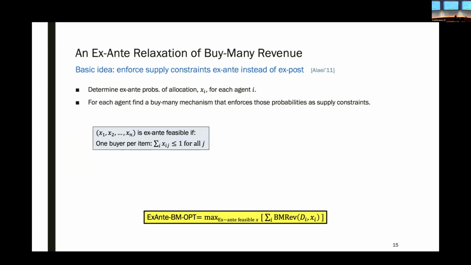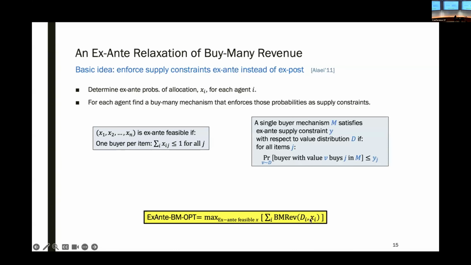And the ex ante buy-many optimum is simply going to be the best way of coming up with these ex ante feasible allocations, where for each buyer I'm going to look at how much I'm supposed to allocate to this buyer, and find the best way of allocating to this buyer under that constraint. Okay, so let me read through this a little bit.